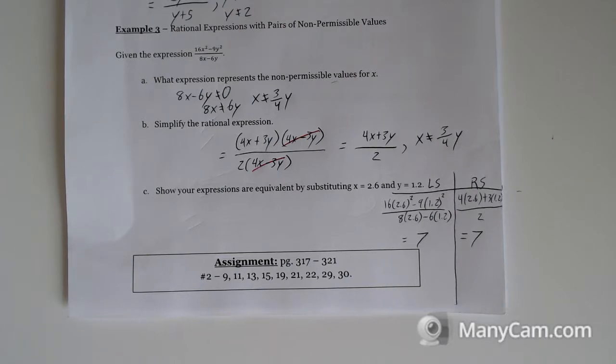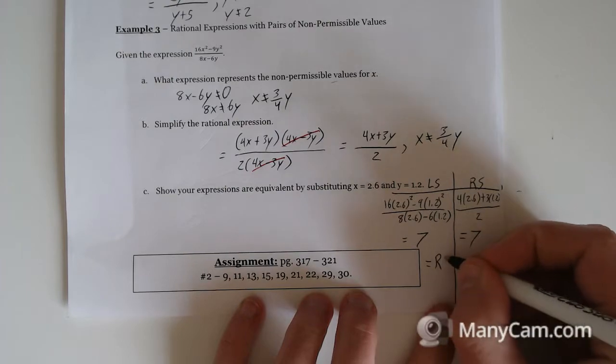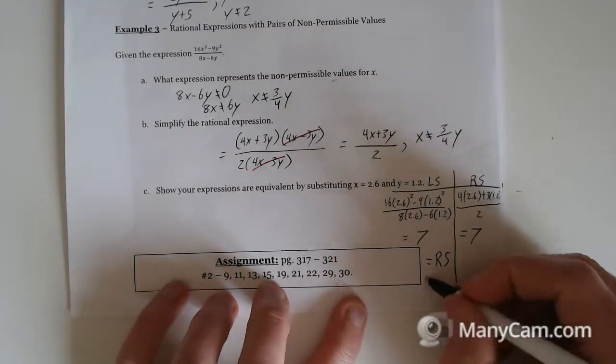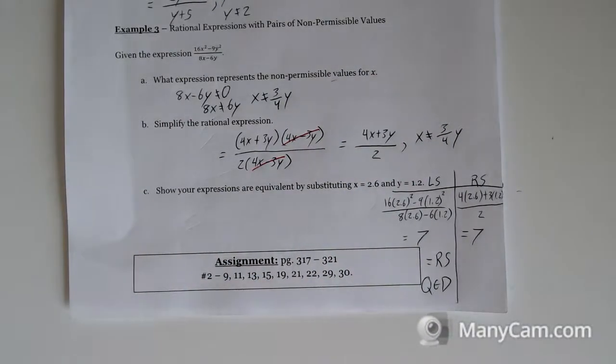On the left side, it's equal to exactly 7 as well. So not rounded, they're exactly equal. Which equals right side. So I've proven the left side is equal to the right side, and then we write QED, which means thus it is solved. Thus, what we set out to prove has been proven. The left side is the same as the right side.